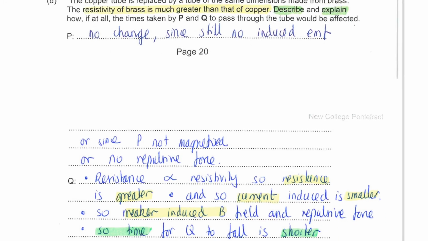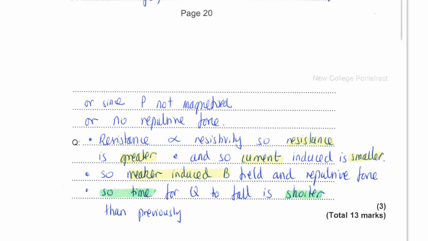So first of all, considering P, there will be no change whatsoever. Since P is not a magnet, there is still no induced EMF, and so there will be no repulsive force affecting the motion. However, for Q, there will be some changes.